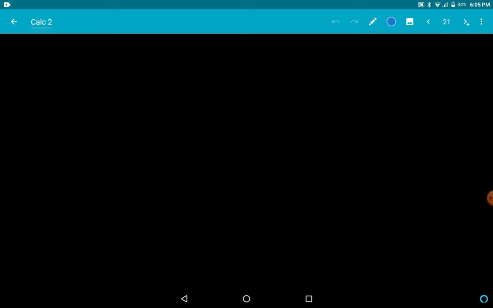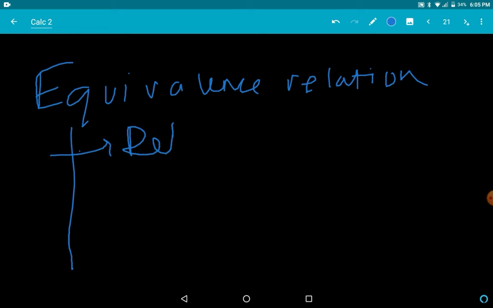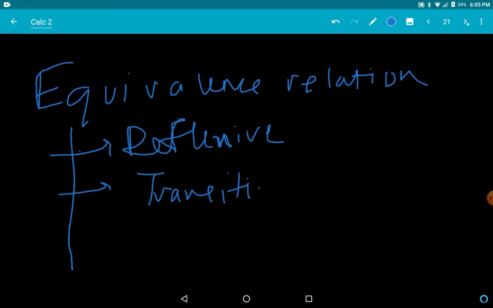Let me give you an example that will sum up everything. Just before that, I am telling you that a relation is called an equivalence relation if that relation is reflexive, transitive, and symmetric.